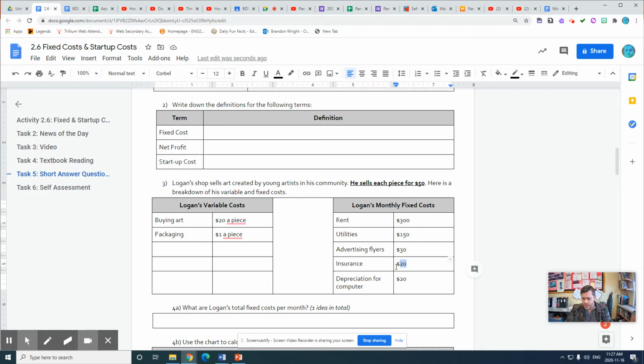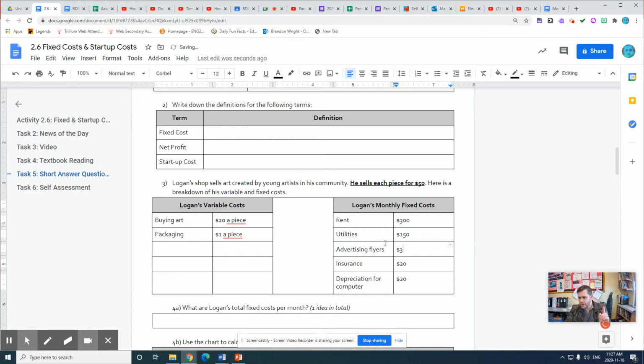He could eliminate that cost, make it 0 instead of 20. He could lower his depreciation, so he's putting less money away for a new computer. He could make his own advertising flyers so turn that into 0 instead of 30.